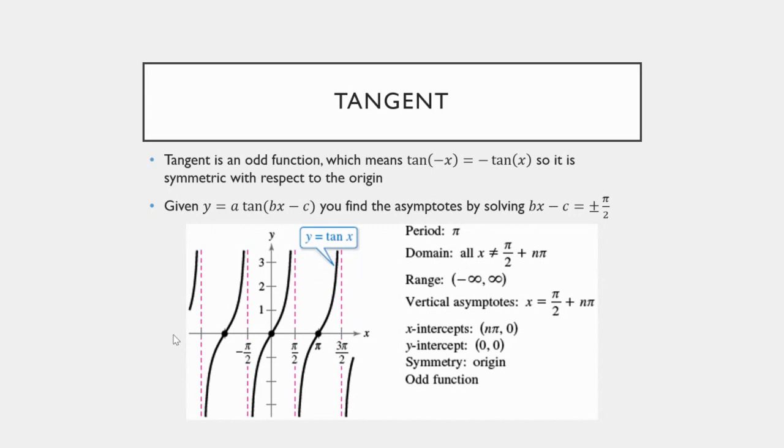That's why they write the vertical asymptotes as pi over 2 plus n times pi. It just means you keep adding, or you could subtract pi if n is a negative number, and that gives you your next asymptote, so there's a pattern. Every asymptote is separated by the period. Those are the most important things for graphing.